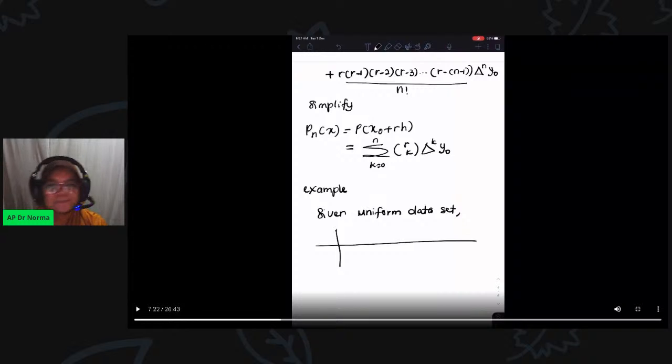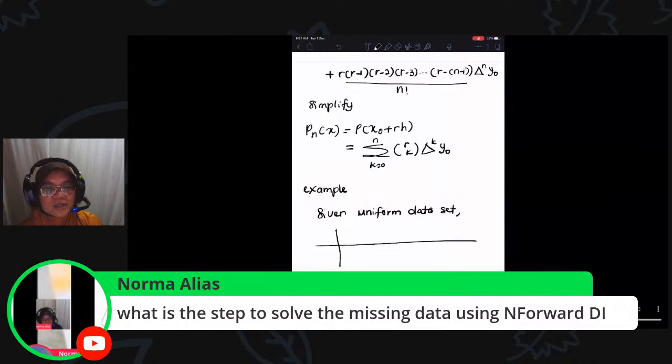Since we know what Newton forward is, what are the steps to solve the missing data using Newton forward divided difference interpolation? This is my question.